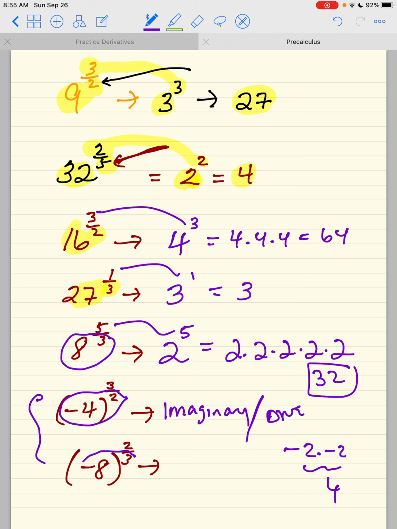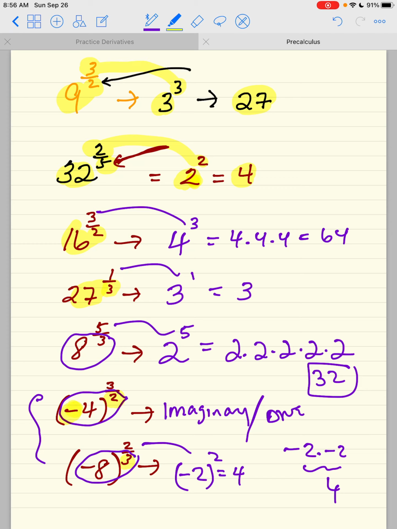What number do I multiply 3 times to give me a negative 8? Negative 2 times negative 2 times negative 2 is negative 8, so that works. And then negative 2 squared is a positive 4. So everyone, you can't have an even number here if this is negative, because there's no amount of times that an even amount of terms can give you a negative.